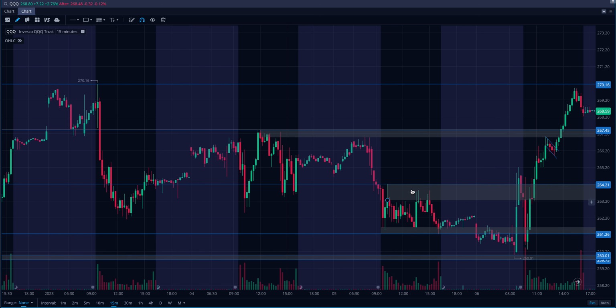And of course, the previous day high. That was the main one I'm watching. Above that, I'm looking to go long. I'm watching 267.45 as resistance. If we break that, the next resistance I'm watching is 270.16. This pre-market high level was a good area to make a zone off right there.